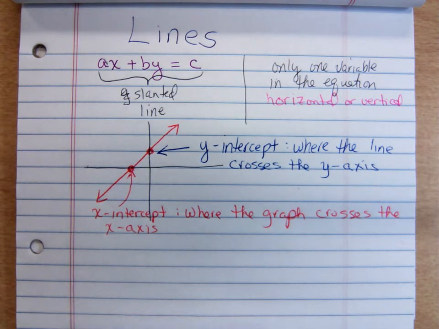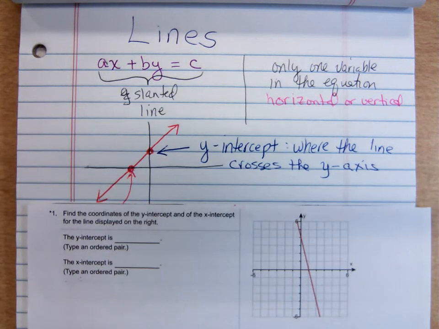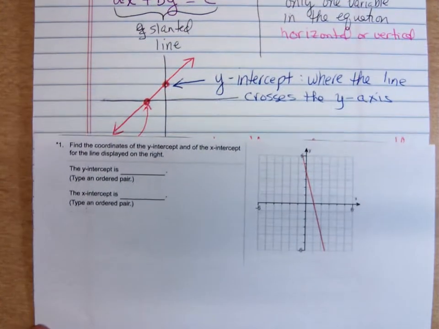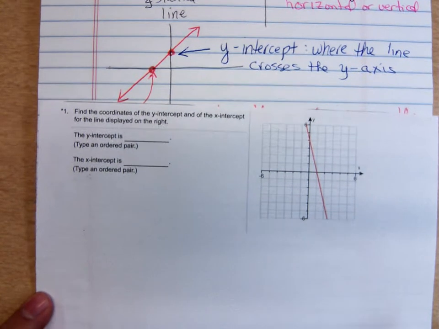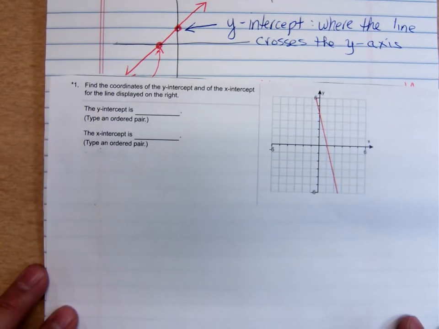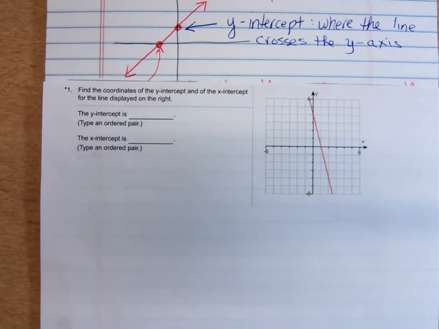Okay, so let's look at problem number 1. This is our first example. Let's see if it's going to be a hard one or an easy one. It says, find the coordinates of the y-intercept and of the x-intercept for the line displayed on the right.